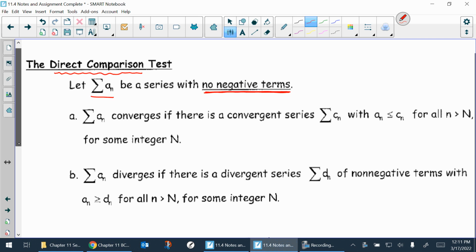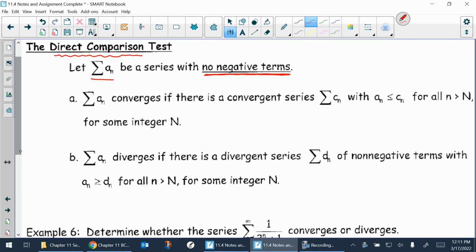And what the direct comparison test says is that this series right here is going to converge if there is some other series that we know converges, and each term of this questionable series is smaller than each term of the series that we know converges.